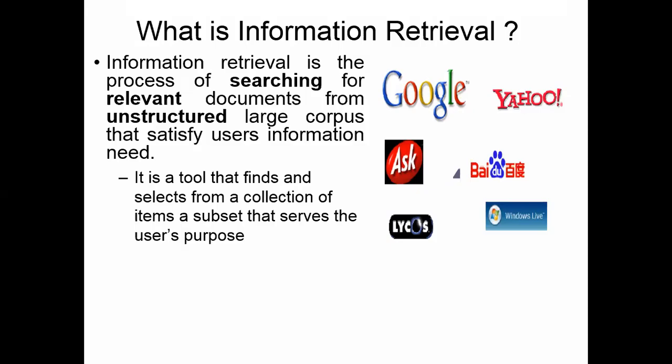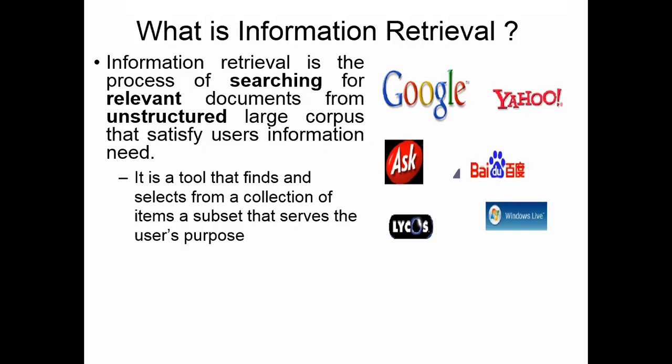From an unstructured large corpus as per the user's information need, or as per the user's query. Information retrieval is nothing but searching for something. Searching means what? Finding, identifying.